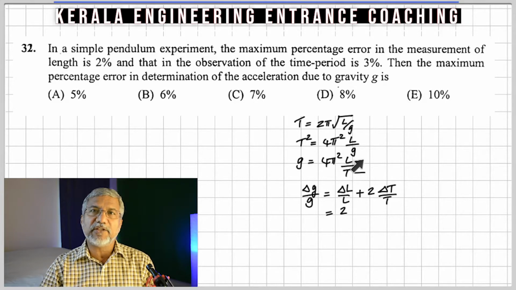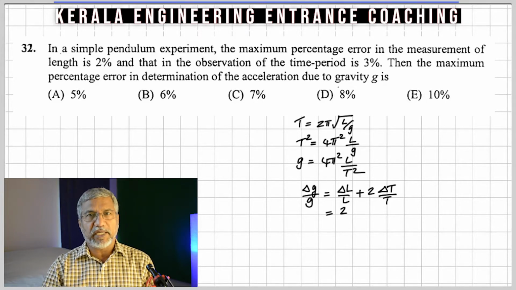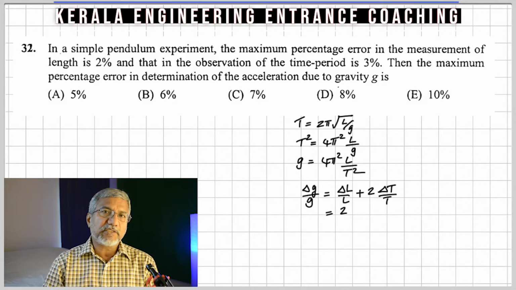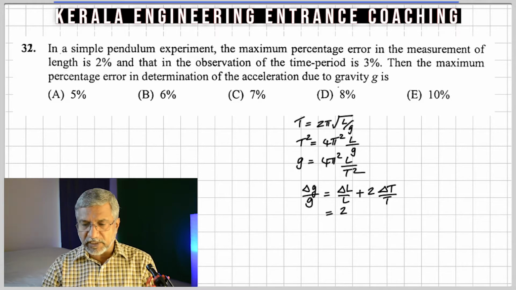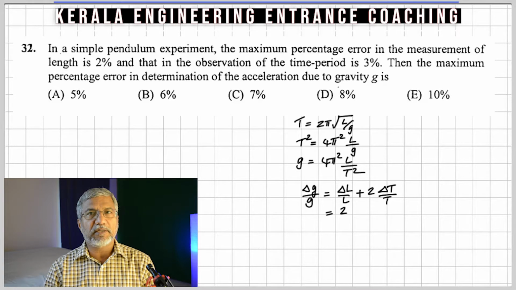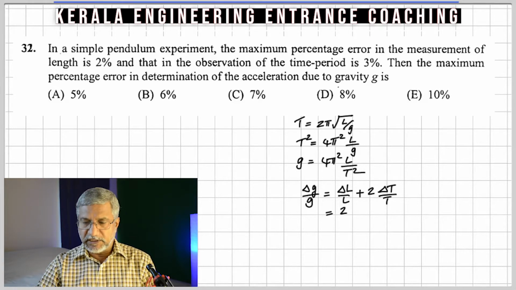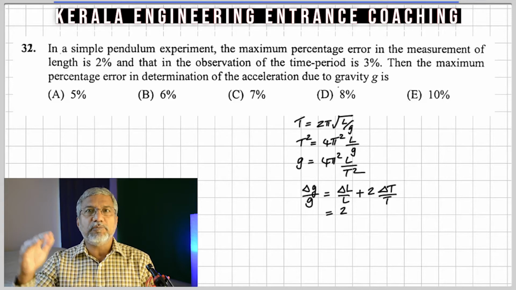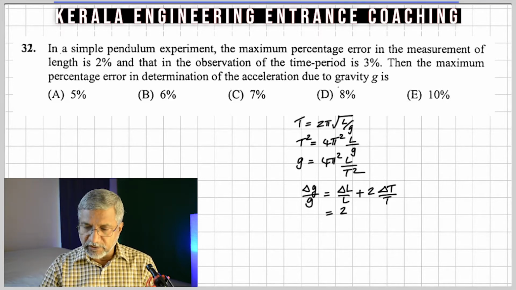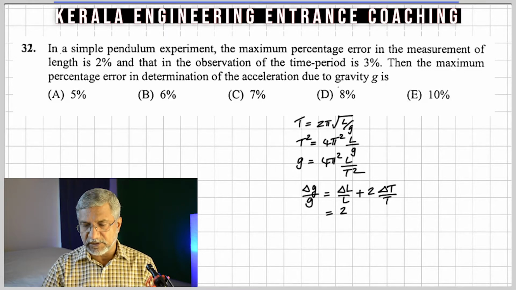And then L is in the numerator, so it will be delta L by L. But T squared is in the denominator, see? So whether it's in the denominator or the numerator, the next one is going to be plus. But because it's T squared, it becomes 2 times delta T by T. If it was something like T cubed, then it will become 3 times that quantity, okay? So here it's 2 times delta T by T.